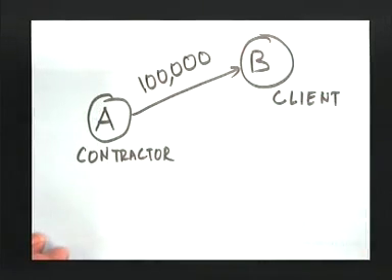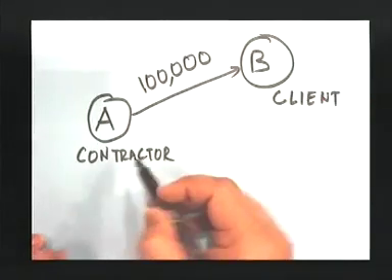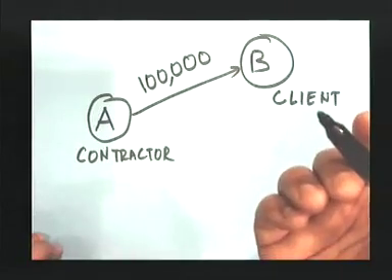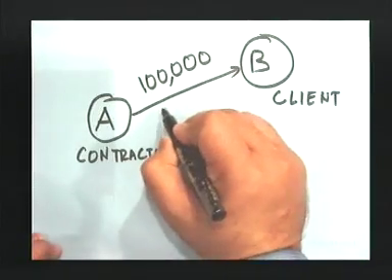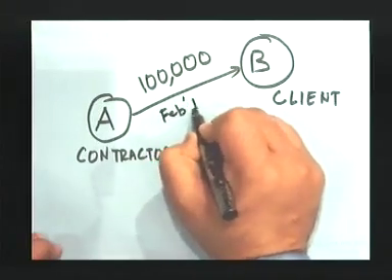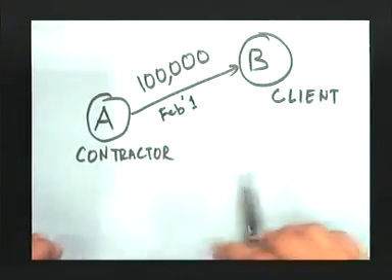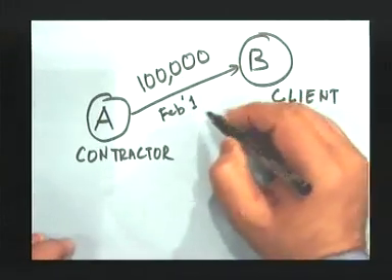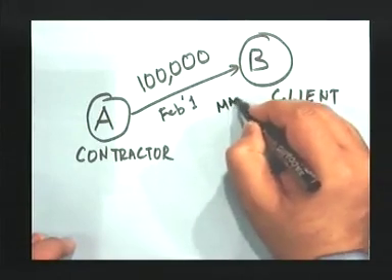According to the contract condition, B is supposed to pay contractor A after 1 month. So, suppose on February 1st, contractor A raised a bill of 100,000. Now, this payment is due on March 1st.